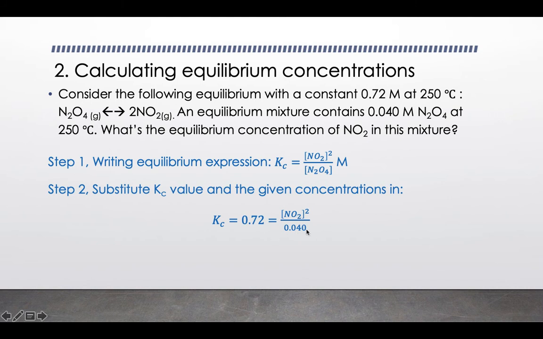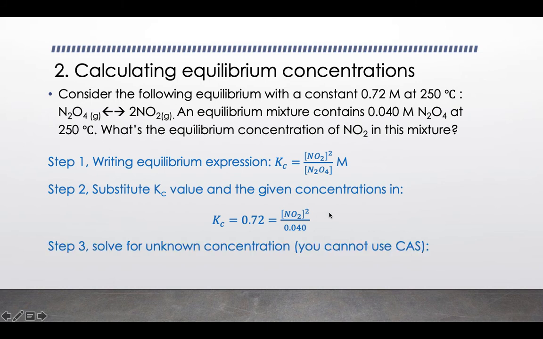You probably guessed the third step is to solve this equation for the concentration of NO2. And remember, in chemistry, we are not allowed to use a CAS calculator. So you must possess the ability to solve a simple equation. Okay. In this case, the NO2 concentration is solved to be 0.17.